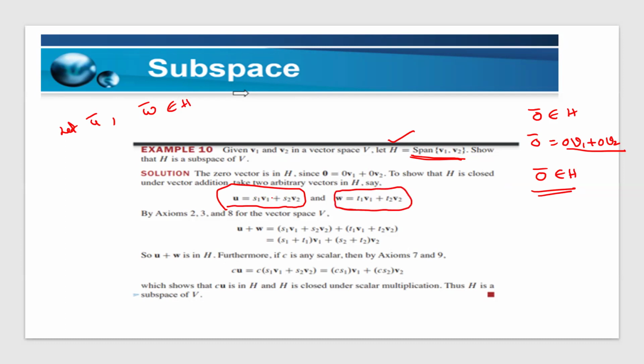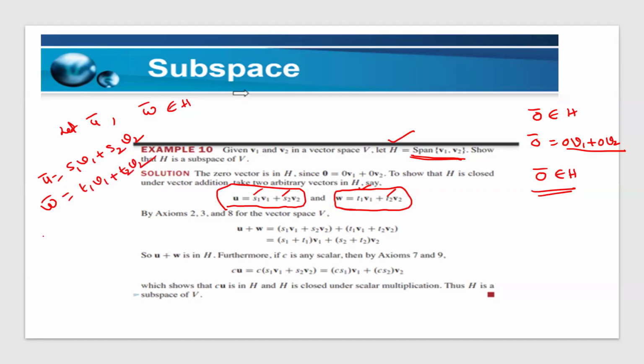You can also write C1, C2 or D1, D2, or X1, X2. These scalars are arbitrary. So let u bar be S1 V1 plus S2 V2 and w bar be T1 V1 plus T2 V2.